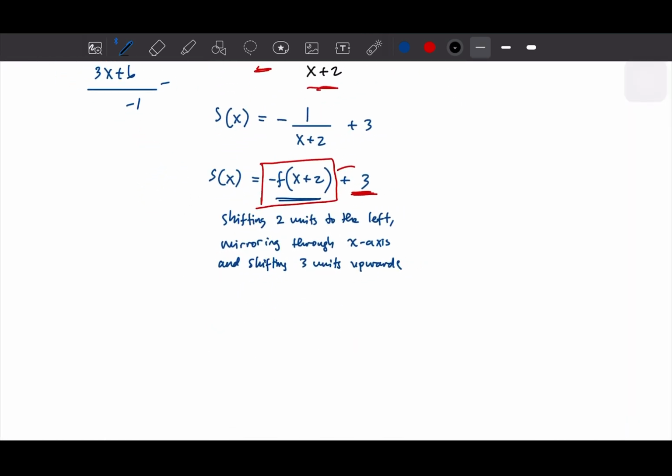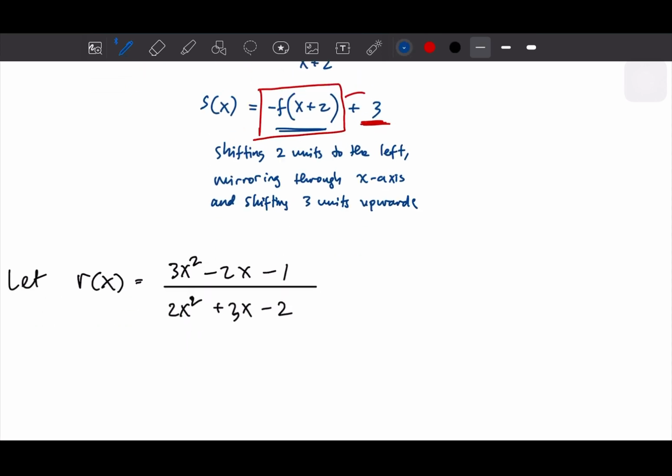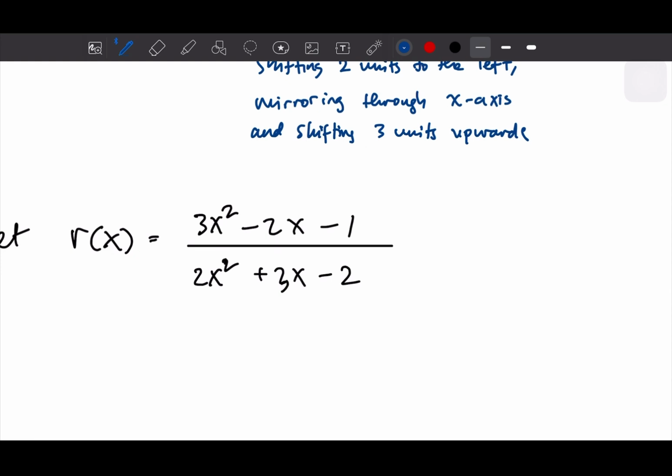For now, let R of x be this. Now, if we look at these quadratic equations in both denominator and numerator, perhaps we could start from the denominator to see whether we can factor these equations.